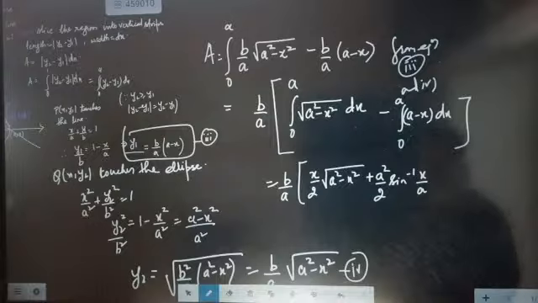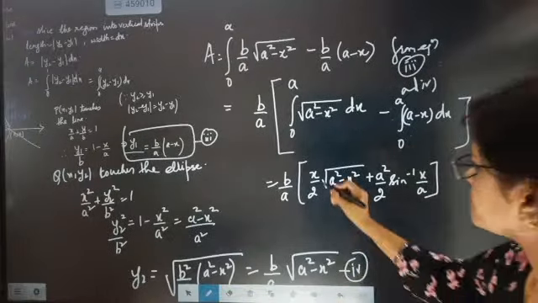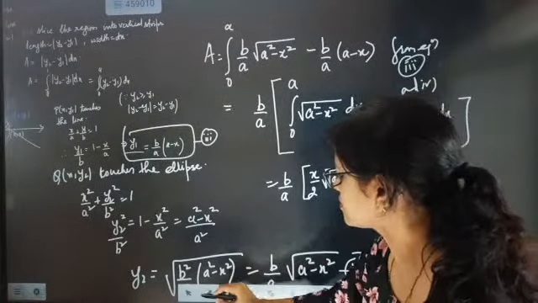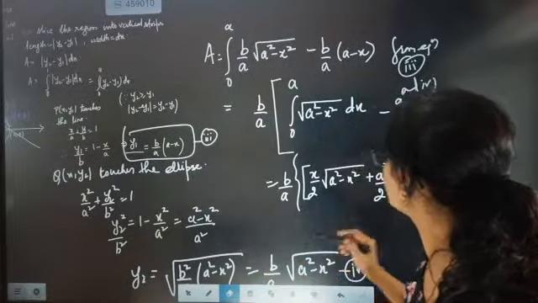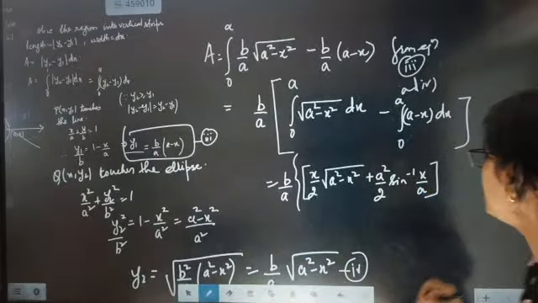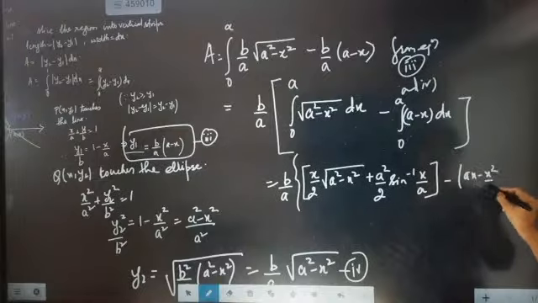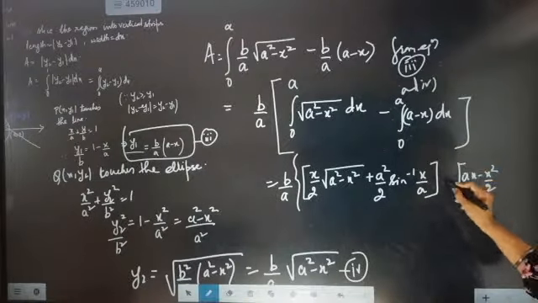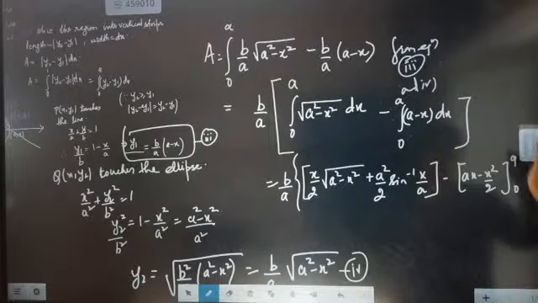And now this part will be exactly going for minus, and this is coming as ax minus x square by 2, again from 0 to a. This part is coming, fine.